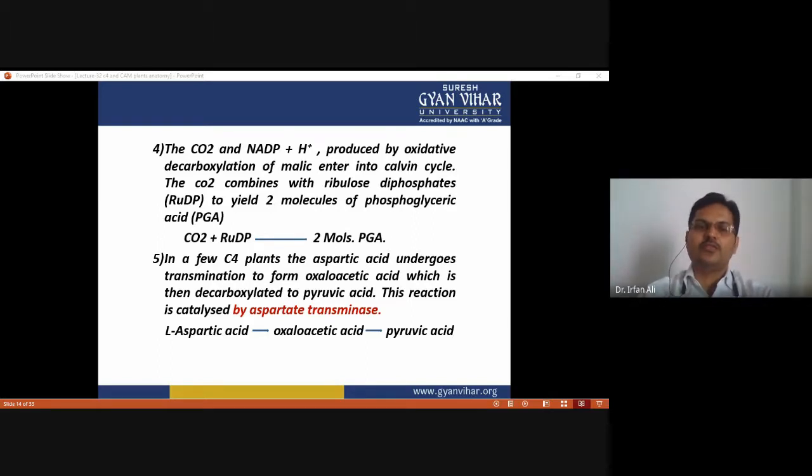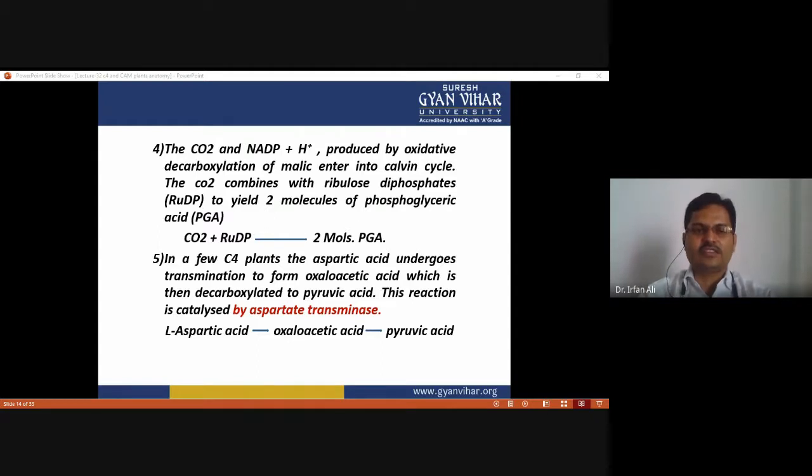This reaction is the same as the Calvin cycle carried out in the C3 plant. In a few C4 plants, the aspartic acid undergoes transamination to form oxaloacetic acid, which is then decarboxylated to pyruvic acid, and this reaction is catalyzed by aspartate transaminase.